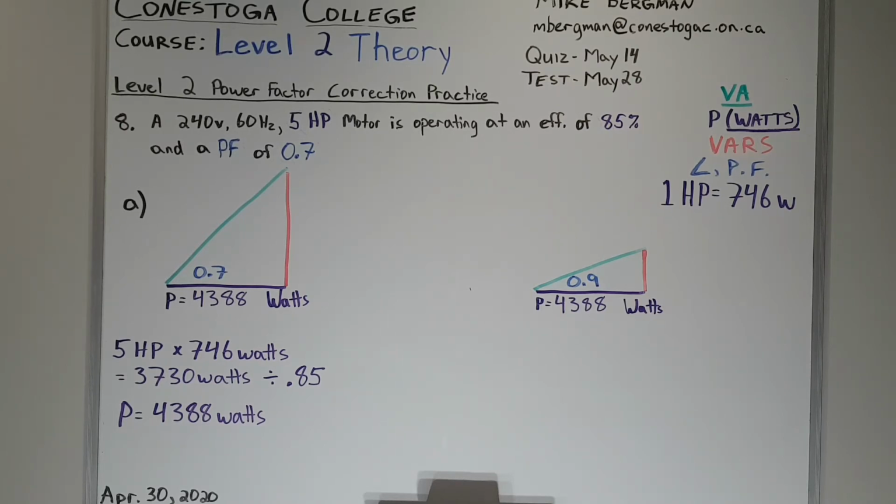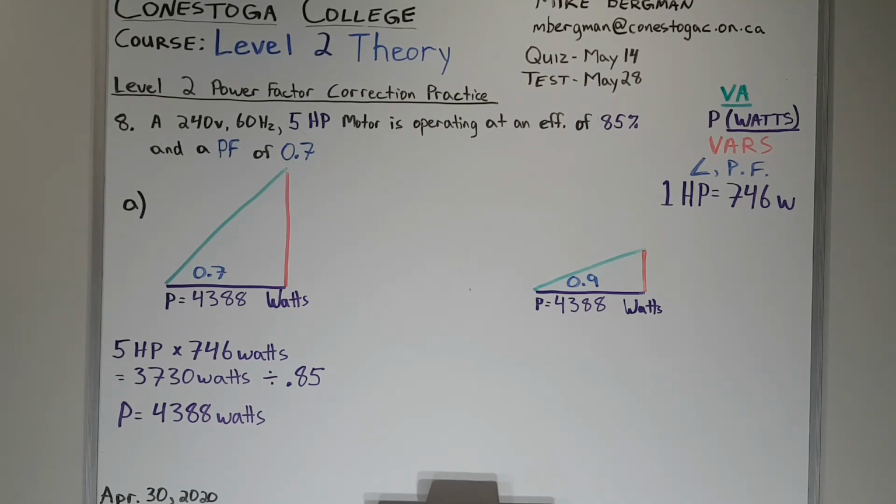So with that information, A wants to know, calculate the size of capacitor in VARs used to correct the power factor to 0.9. We first have to establish our VA power in VARs at the current power factor of 0.7 before we can correct it to 0.9. I've already gone ahead and drawn 2 triangles.